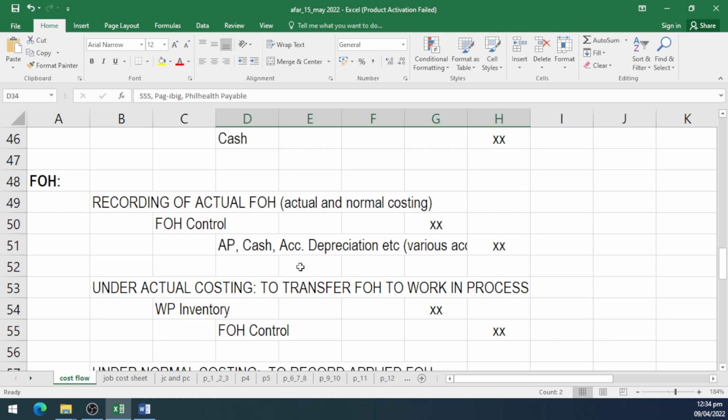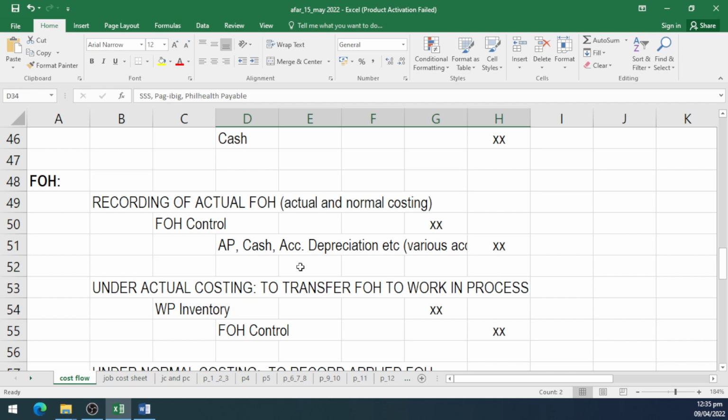Ang direct materials at direct labor, if we are going to classify the three elements of manufacturing cost according to traceability or in relation to cost object, yung cost object natin, of course, yung products. Ang classification ng DM and DL, direct cost.